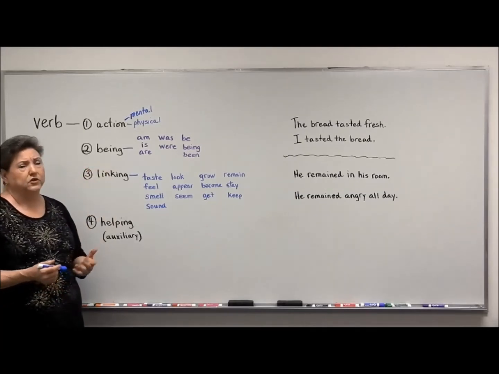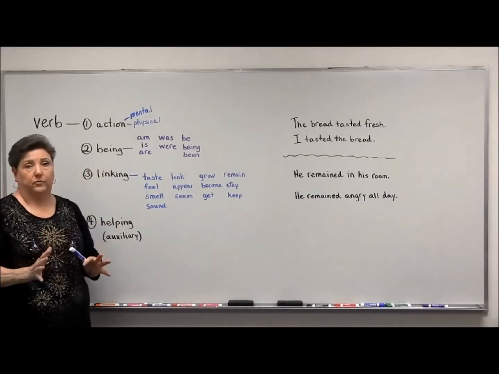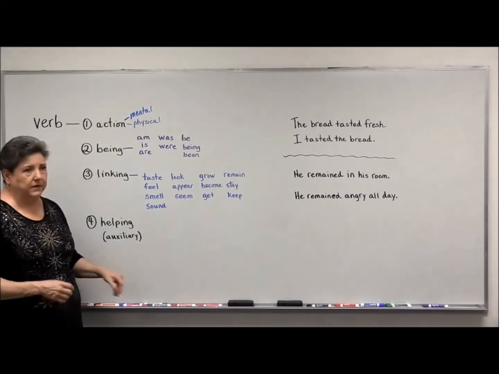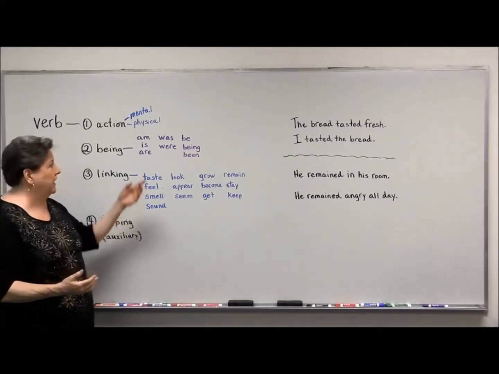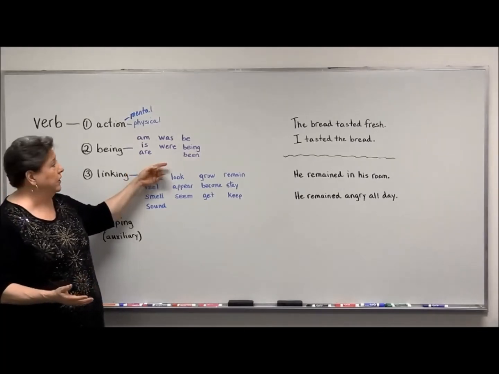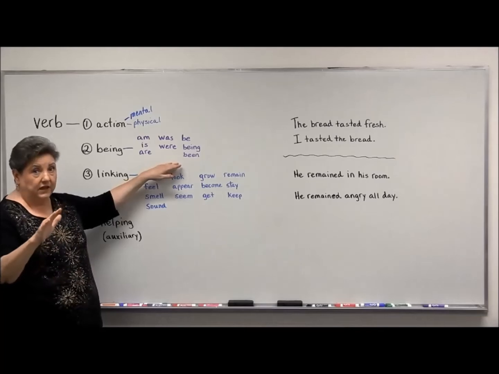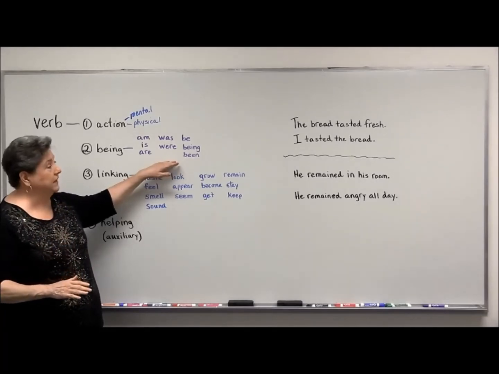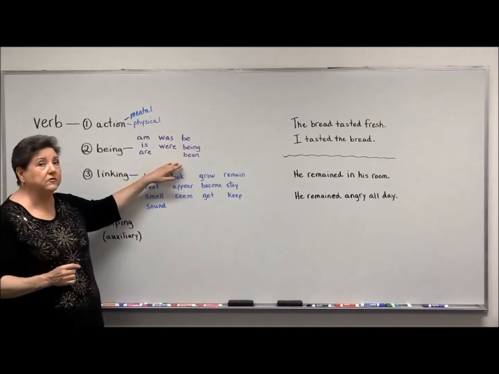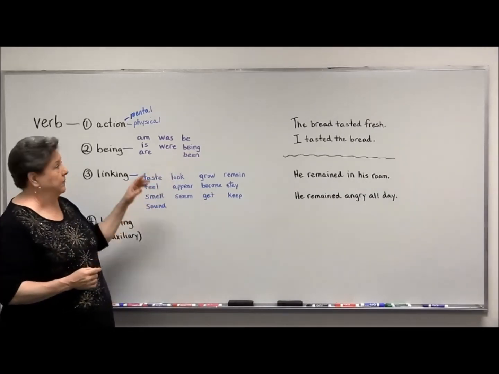You've maybe heard your teacher say the words be verbs, but sometimes they don't stop and tell you what those are. So I listed all of them here for you. You've heard these verbs before, but if you're taking notes, I want you to write the list down just like I have it here, because there's a reason for it. Let's look at them.